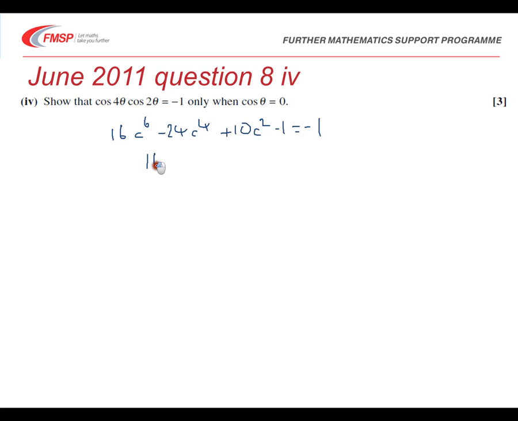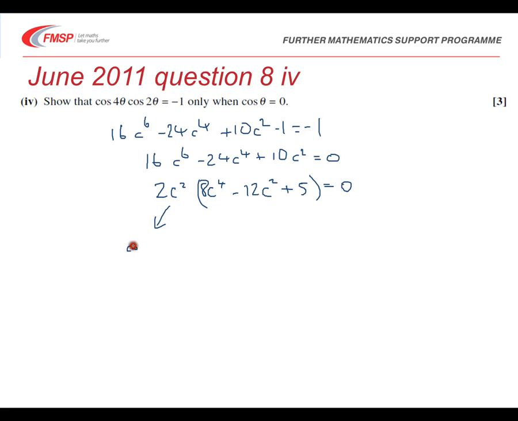If I add that over, I get 16c to the 6 minus 24c to the 4 plus 10c squared is 0, and this is easier now because I can just take out a factor of 2c squared, leaving me with 8c to the 4 minus 12c squared plus 5 is 0. This only works when cos theta is 0. So we've got c squared equals 0, only happens when cos theta is 0.